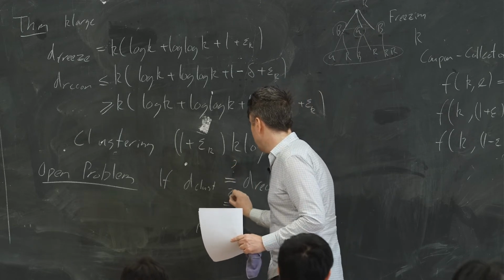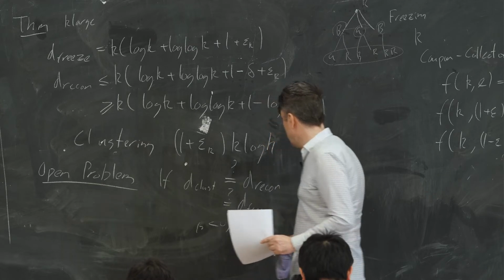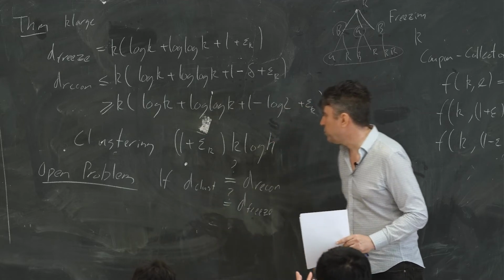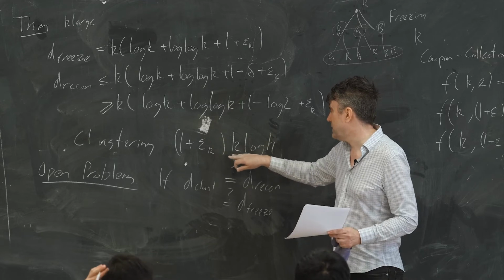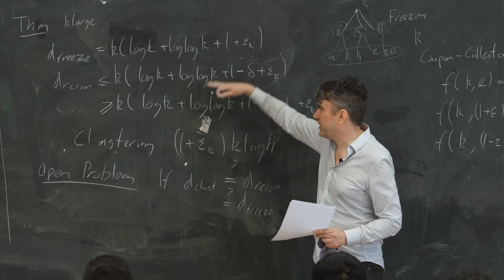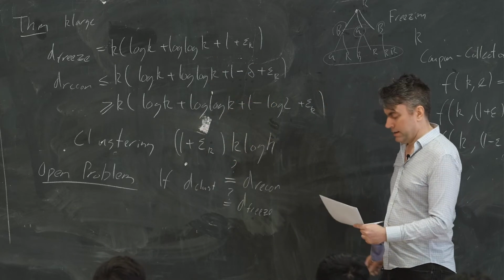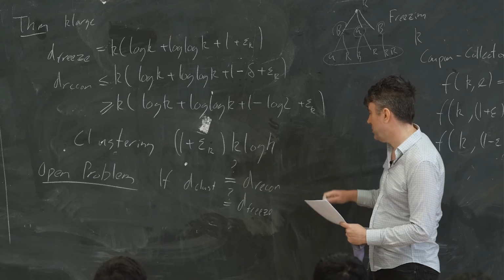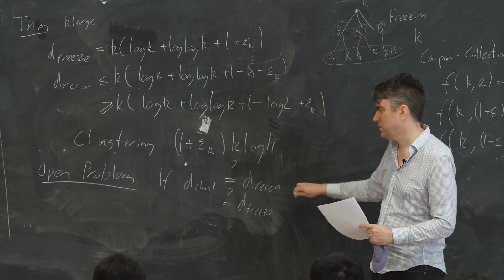Is it equal to d freezing? This is an upper bound, but we only know the clustering threshold up to some error that is less precise than what we know about the reconstruction and freezing thresholds. So the conjecture is that it should be the reconstruction one.